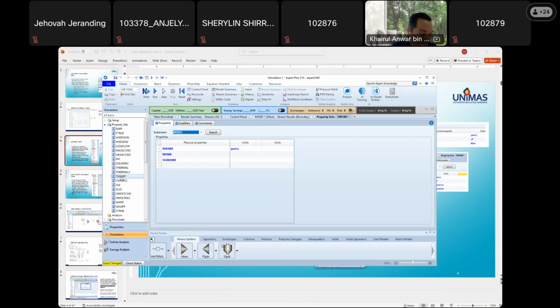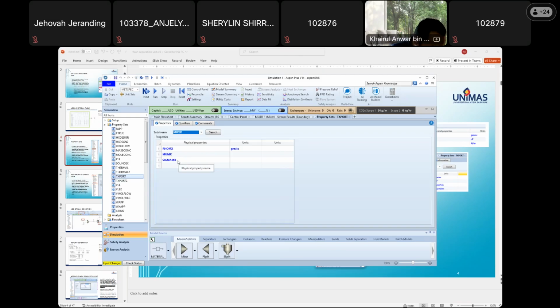So under the export, there are only three: rho, mu, and sigma, mx.